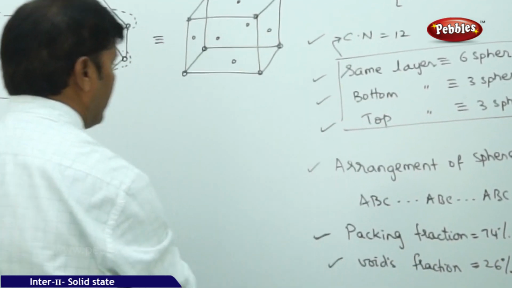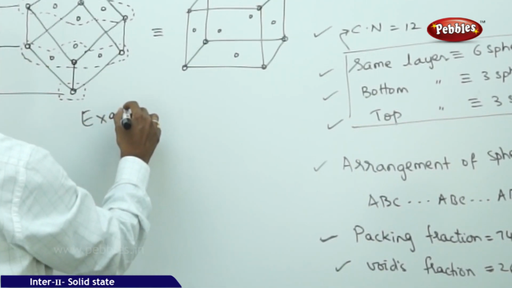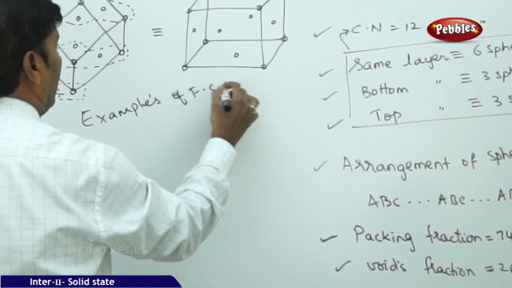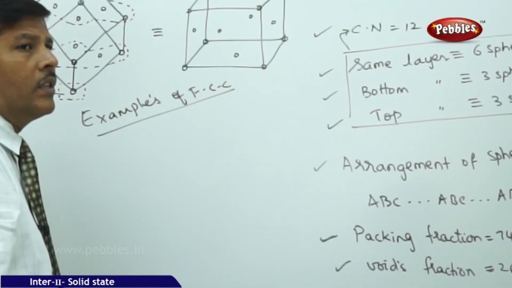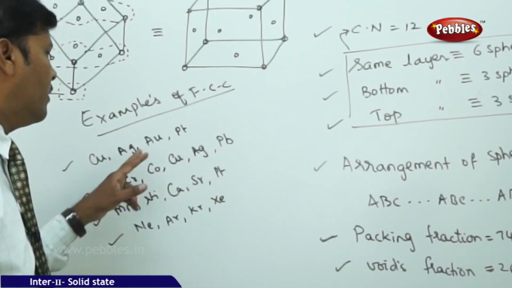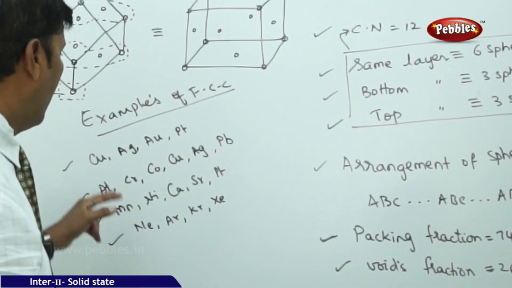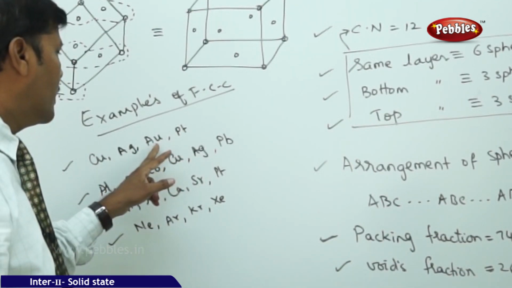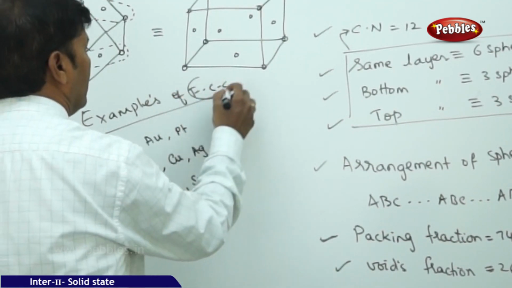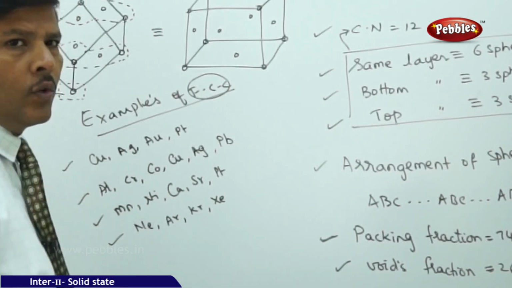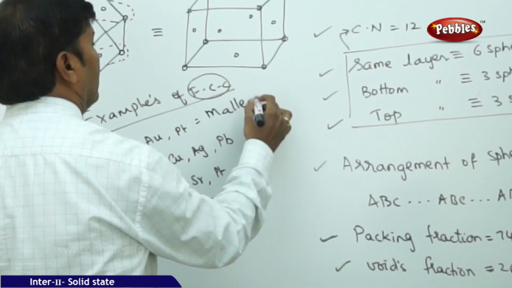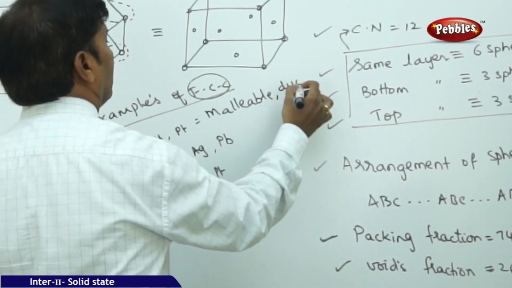Now take some examples. What are the examples where we can study FCC in 3-dimensional structure? Copper (Cu), silver (Ag), gold (Au), platinum (Pt), all these are said to possess the face centered cube structure of 3-dimensional packing, and these are all malleable and ductile.